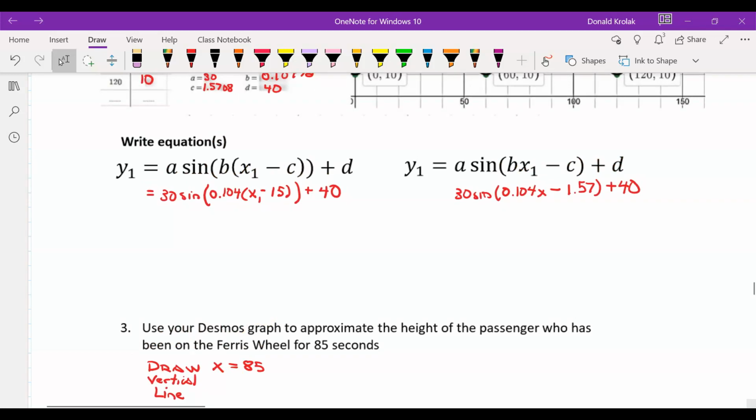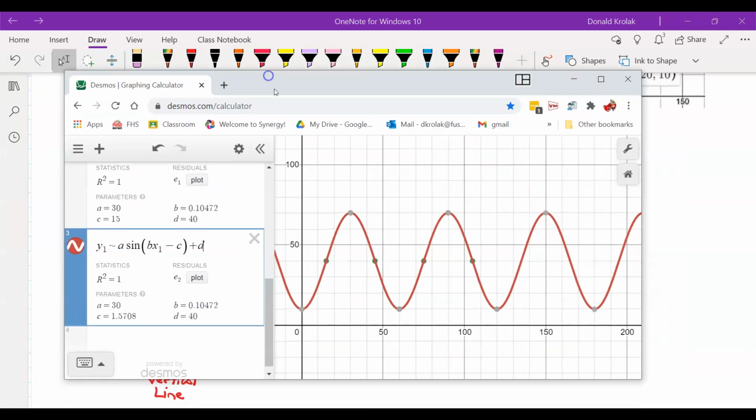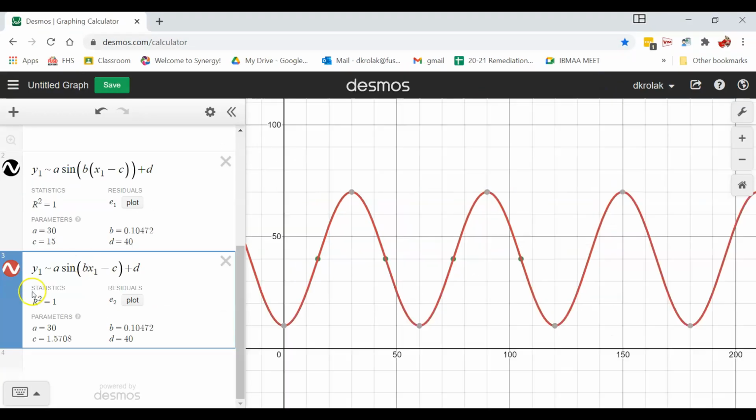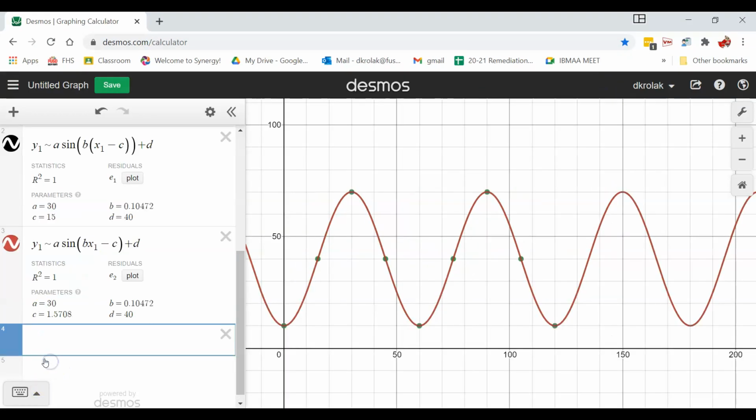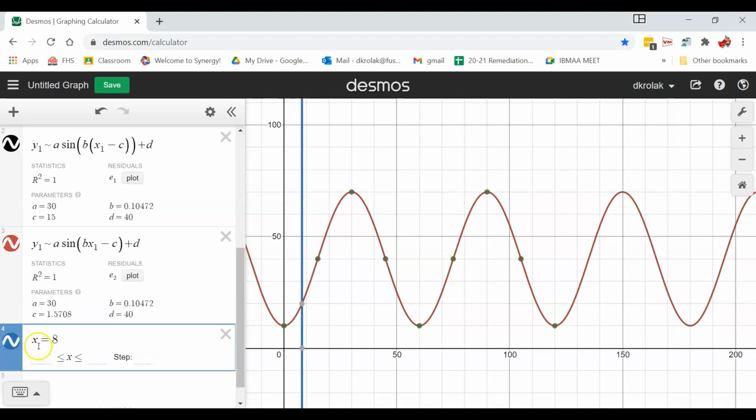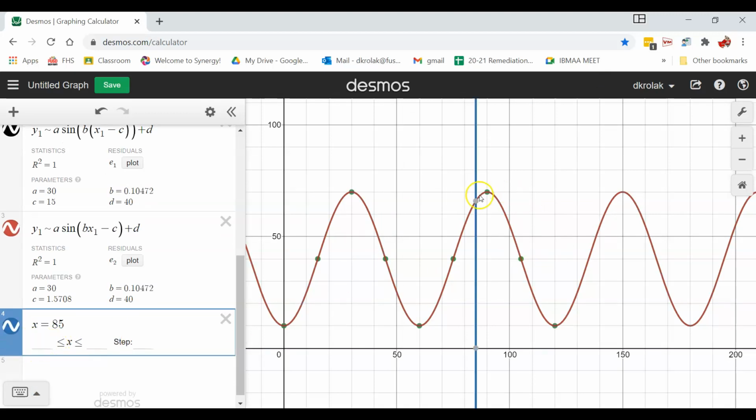Okay, so we'll pull this over. I go down here and type x equals 85. Then I go to that intersection, and that's my answer.